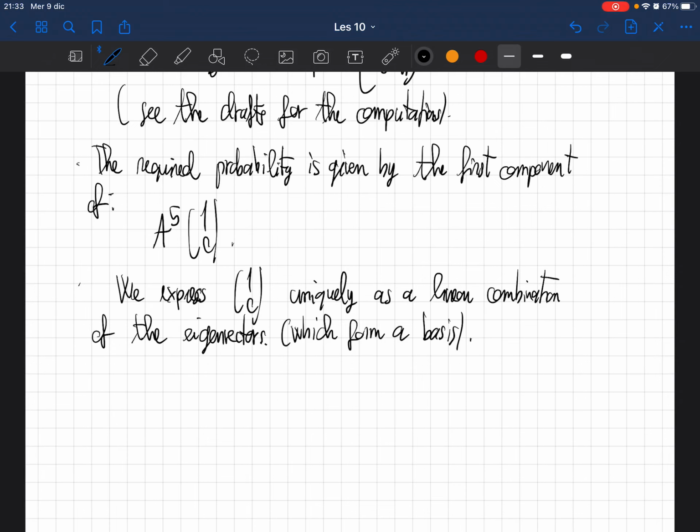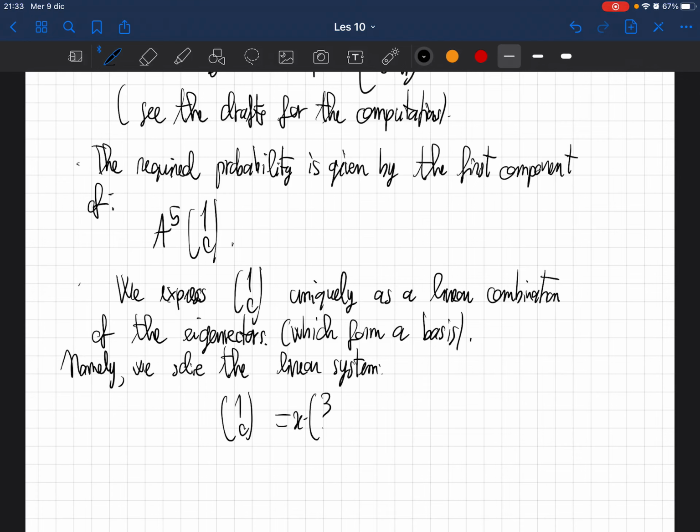Namely, we solve the linear system (1, 0) equal to x (3, 4) plus y (1, -1).